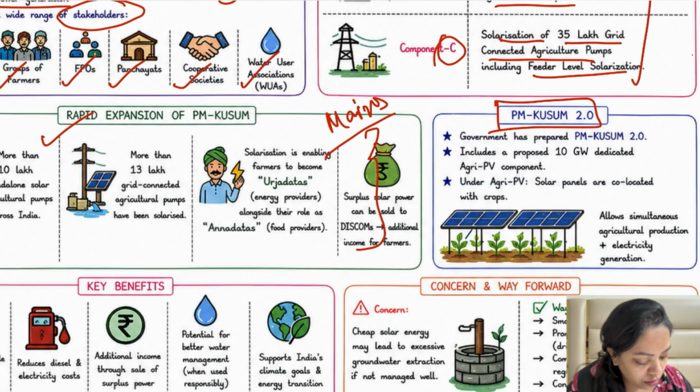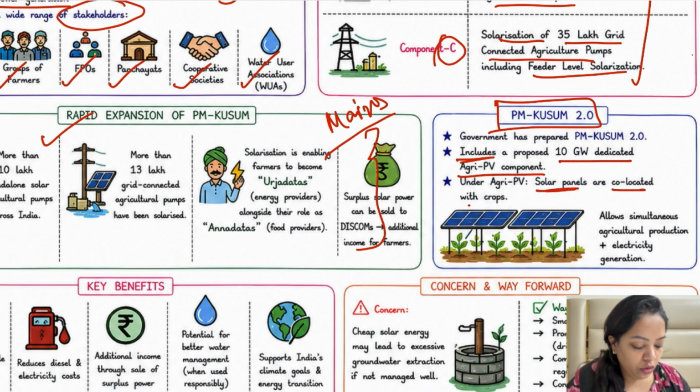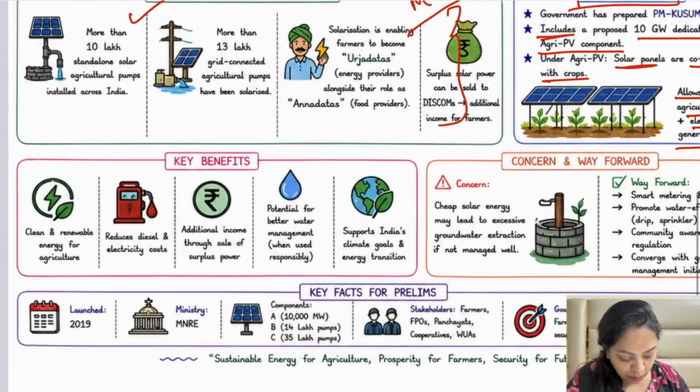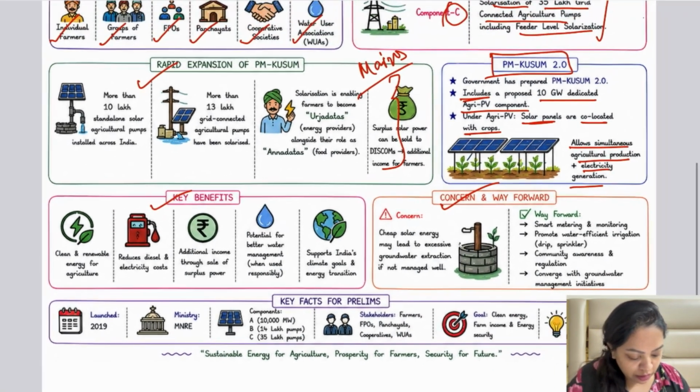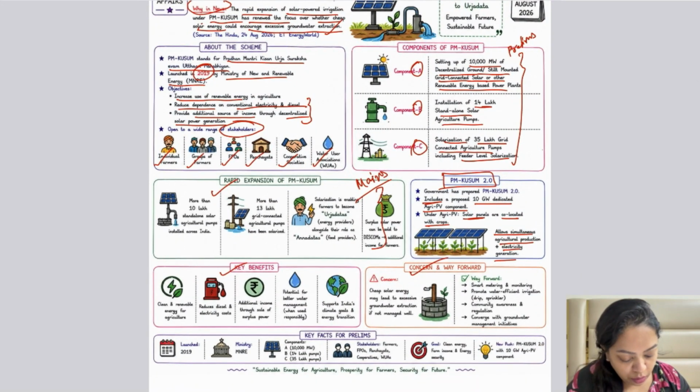So the government has prepared this, which includes a 10 gigawatt dedicated agriculture PV component, in which solar panels are co-located with crops, right? So this is another component that has been focused. This allows simultaneous agriculture production and electricity generation, right? So key benefits are given, some concerns and way forward, and you have just got the basic idea about the scheme from this part.